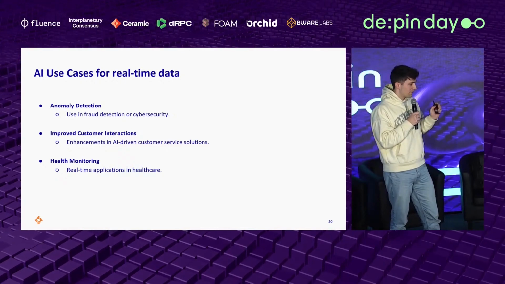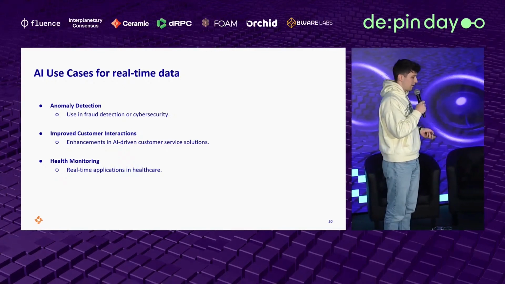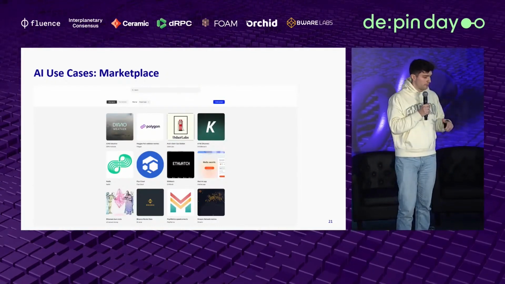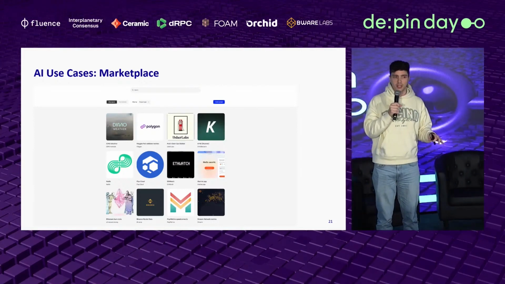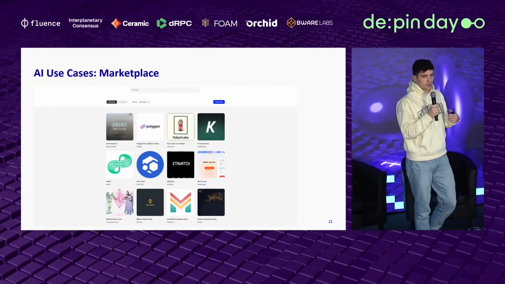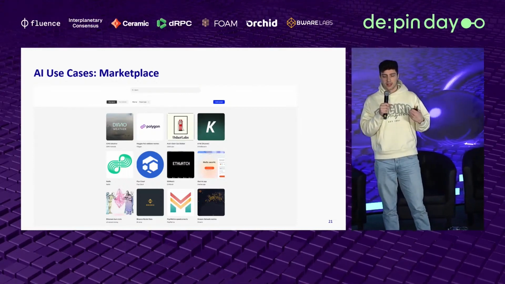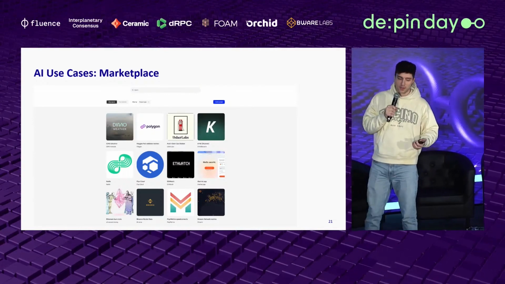And then one last thing I just want to show you guys. I'm not sure how much time I've got left, but I don't think I have a lot. Is our marketplace. Who here has heard of the project Demo? It's a big DePIN project. Nice. To the people that haven't, it's basically a project that is enabling you to share your car data and earn tokens by doing so.